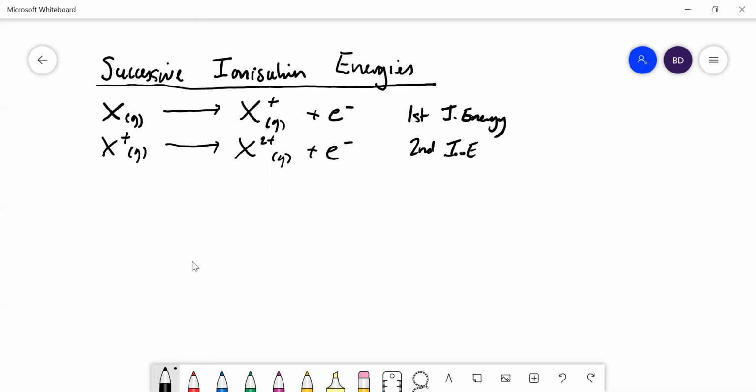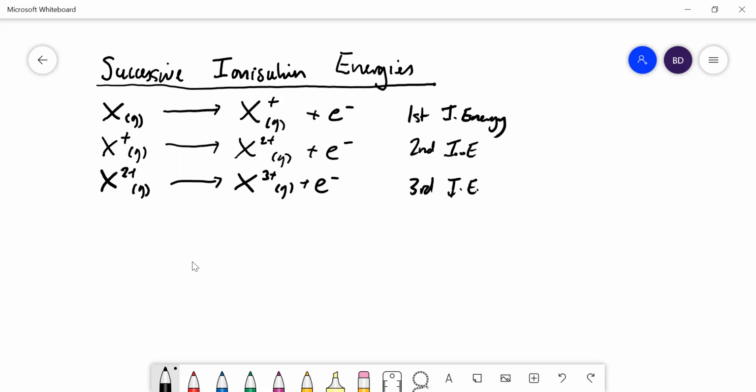The third ionization energy would be when you had X2+, and you removed an electron from that to form X3+, and so on. So for sodium, it's got 11 electrons, so there are 11 successive ionization energies for when you remove electrons.